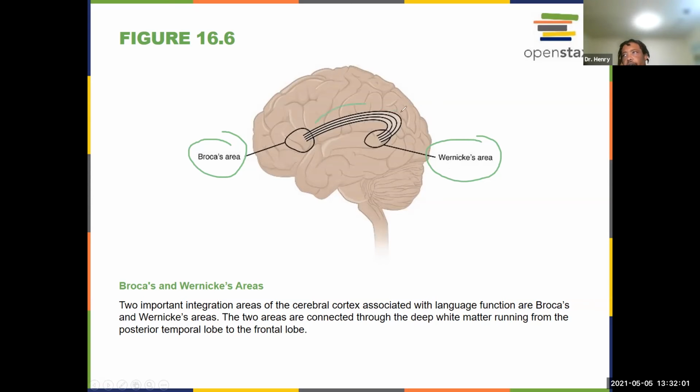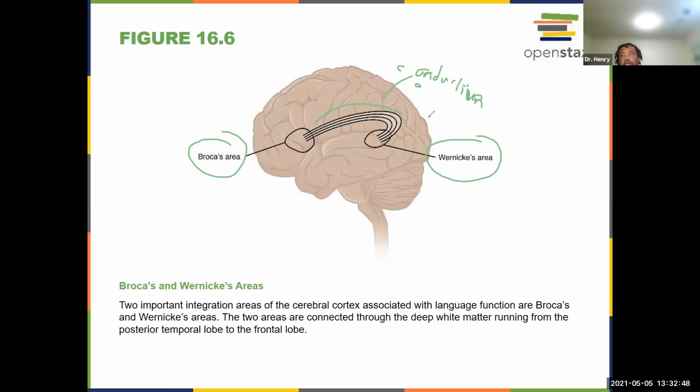Okay, so this here is called the conduction area, and this area is the one used to go from being able to speak to being able to understand what's being said or understand that speech.